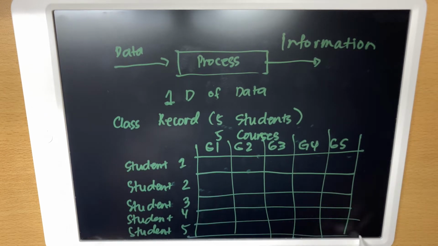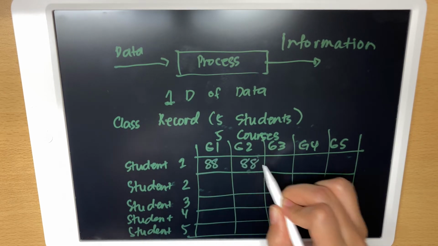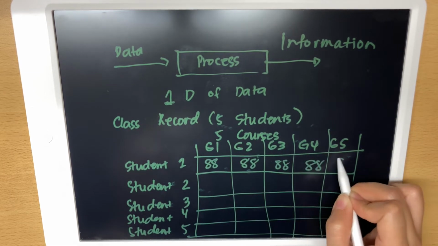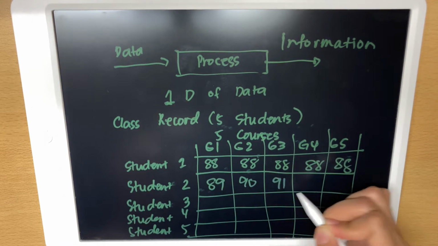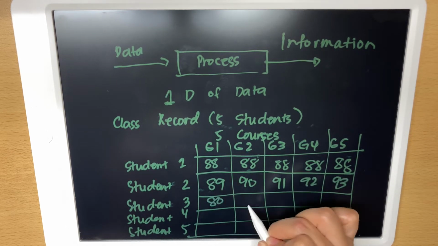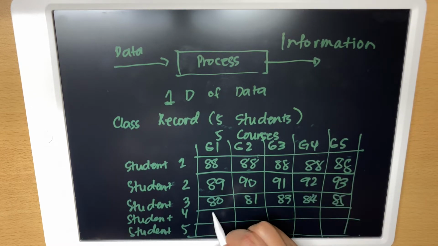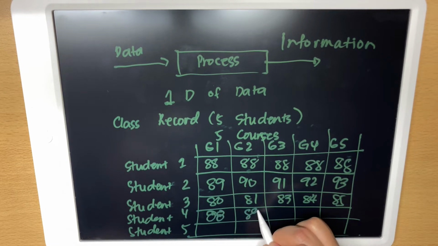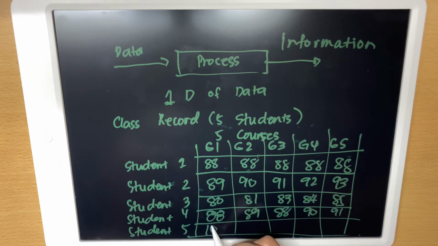And here in this table are the grades. So let's just say student 1 for the first course has 88. And we just have random numbers here. So this is an excellent student maybe. And here are just arbitrary numbers. So just like that.